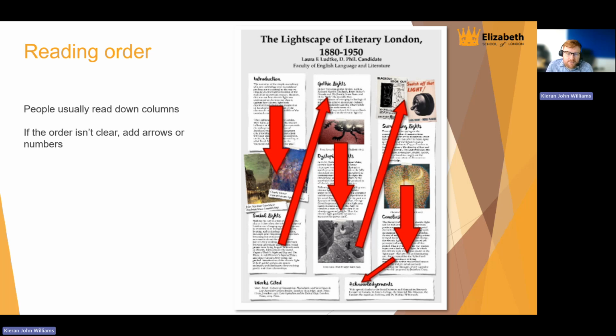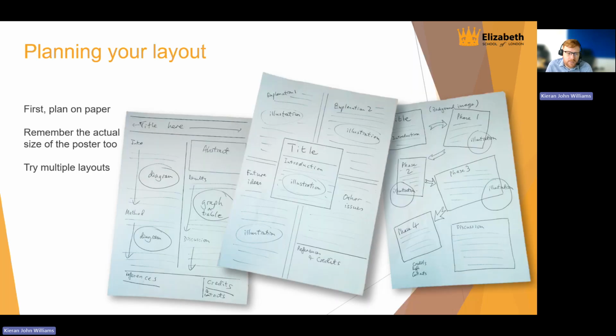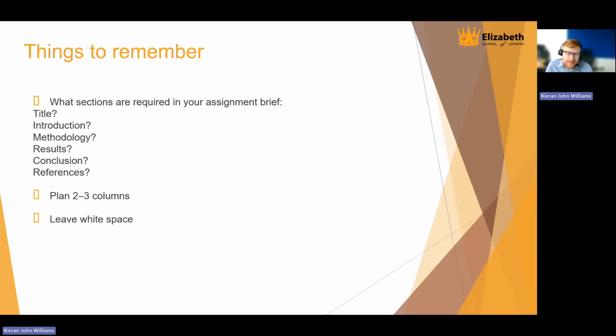Well, if we just see text filling every single millimeter of the screen, then it becomes too busy. You start thinking, oh God, there's so much to read here. It's just a wall of text. So an important part of your design is including some space where there is no text so that it makes it easier to read. Okay, so make sure you plan in having some white space.